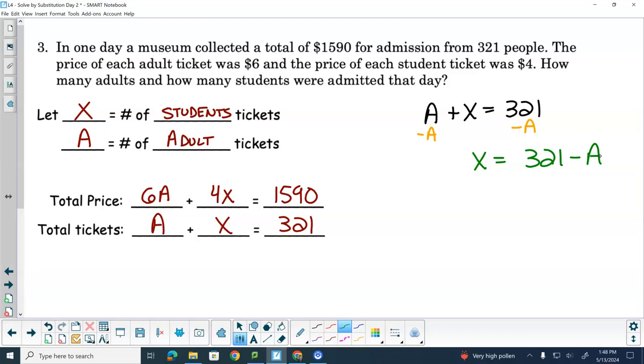Now, before we continue, because we're going to come up with an answer to this one, and we're going to have the amount of students in the room and the amount of adults in the room, what if at the very end we figured out that there were 412 students in the room?